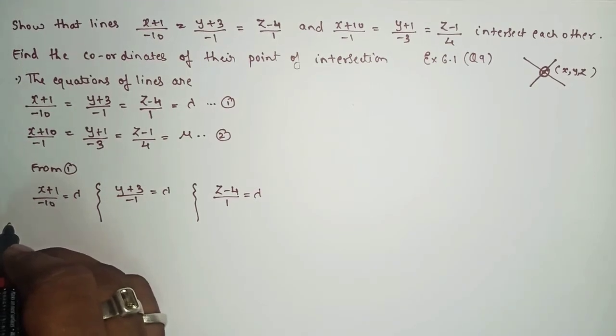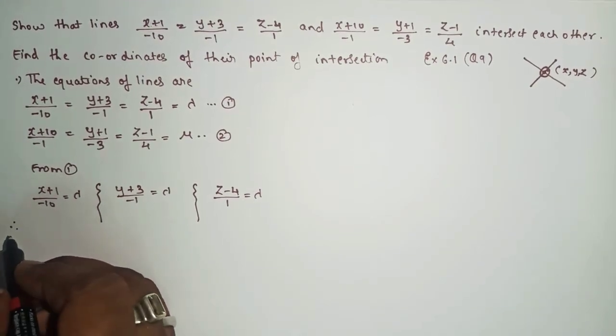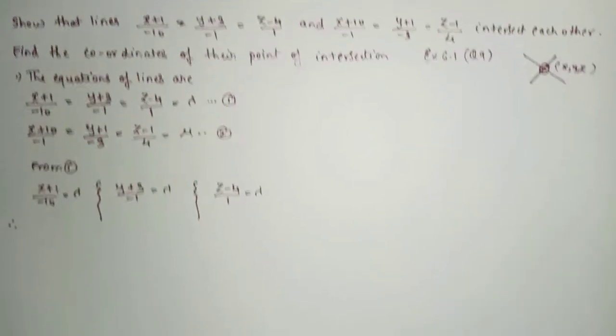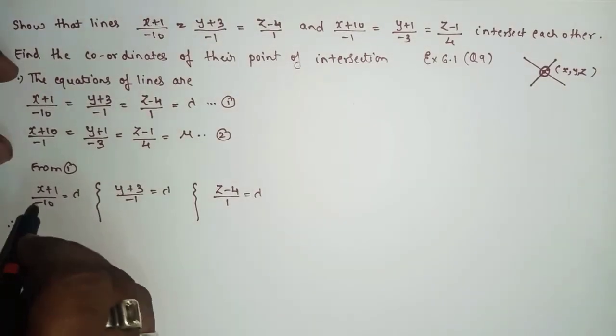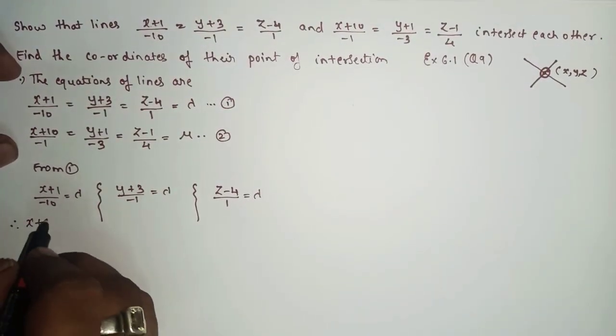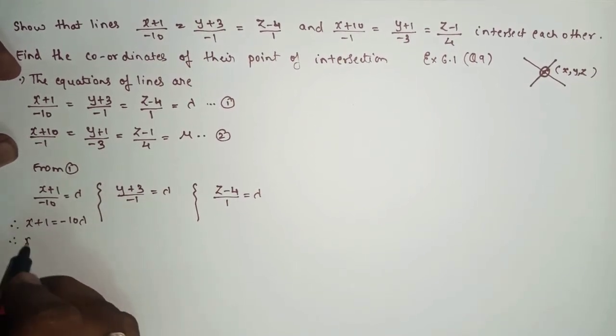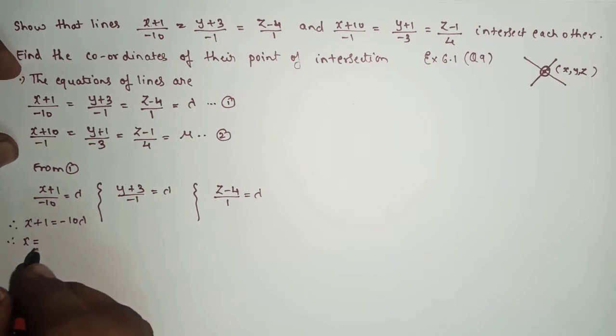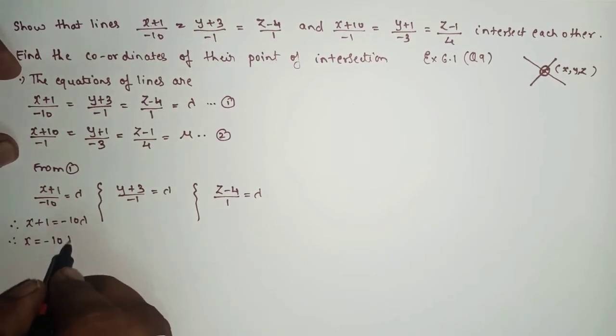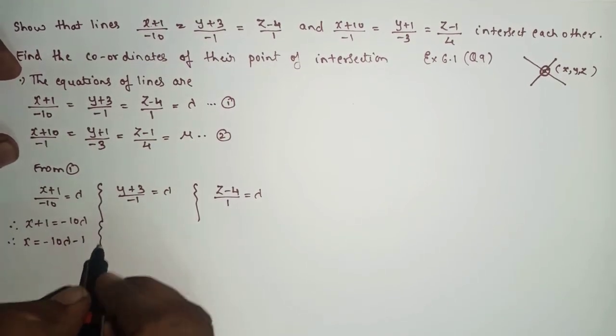Therefore, here x plus 1 equals minus 10 lambda, so x will be equal to minus 10 lambda minus 1.